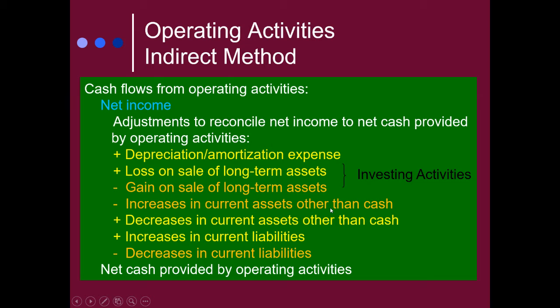Now we are going to look into the items that should be taken from the comparative balance sheet. When I say comparative balance sheet, it is actually the difference between two periods of balance sheet.